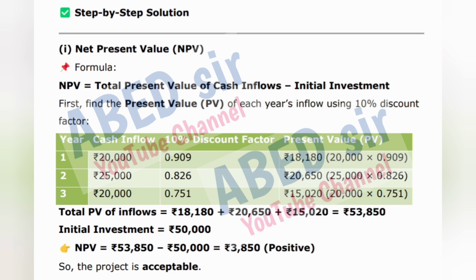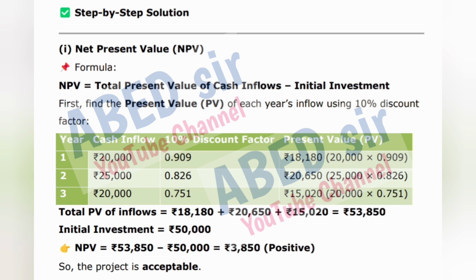Year 2: 25,000 rupees, factor 0.826, PV 20,650 rupees. Year 3: 20,000 rupees, factor 0.751, PV 15,020 rupees.